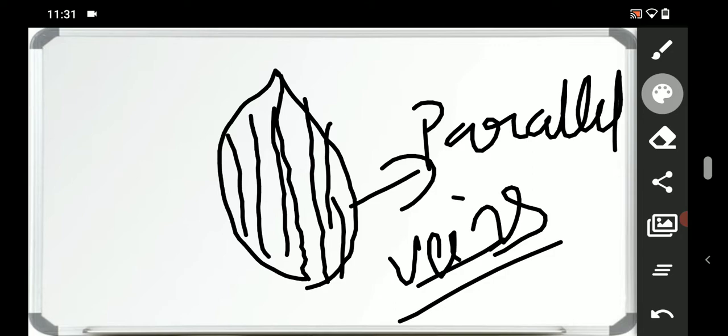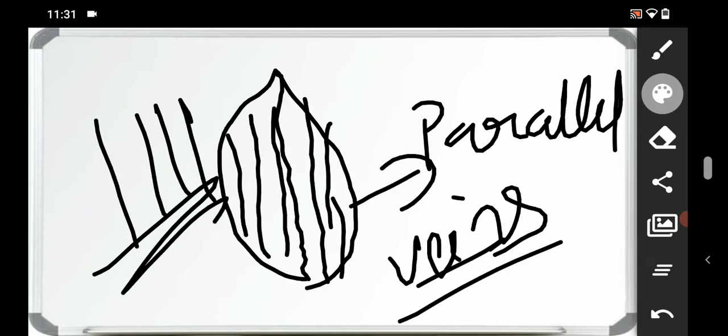So we have discussed two types of veins. Reticulate veins are V-shaped, and parallel veins are straight and parallel to each other. That's why these leaves are called parallel.